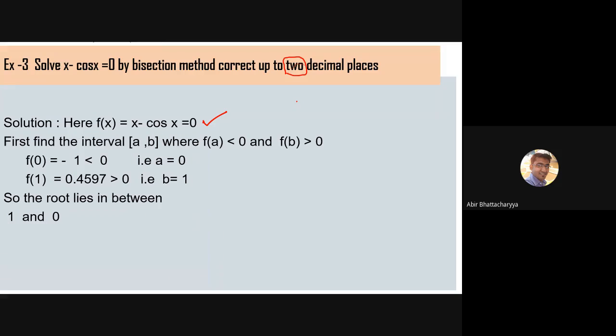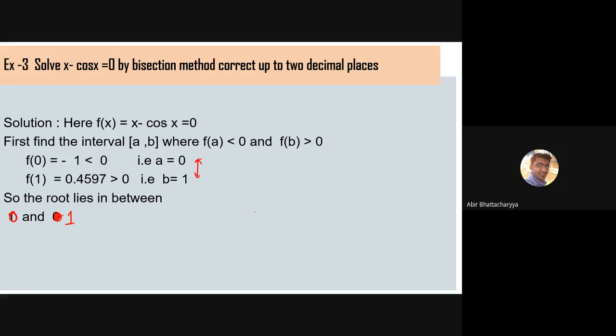If I find f(0) equals -1, which is negative, and f(1) equals 0.54597, which is positive, that means a transition is present between 0 and 1. So the root lies between 0 and 1. Don't write 1 to 0, because 0 is negative, so 0 to 1 is better to write.